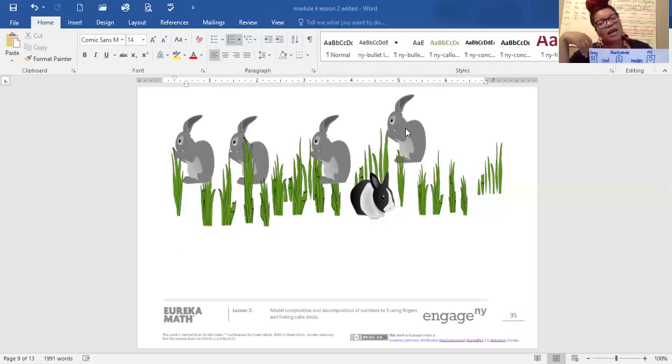But if I turn around and ask them 1 plus 4, because they're not hearing it in the same order, it kind of tricks their minds as though they don't know the answer. So switching the order allows them to know that it doesn't matter which order 4 and 1 may be in, it will always be 5 if I'm adding it together. Okay? All right. So let's go to another picture.